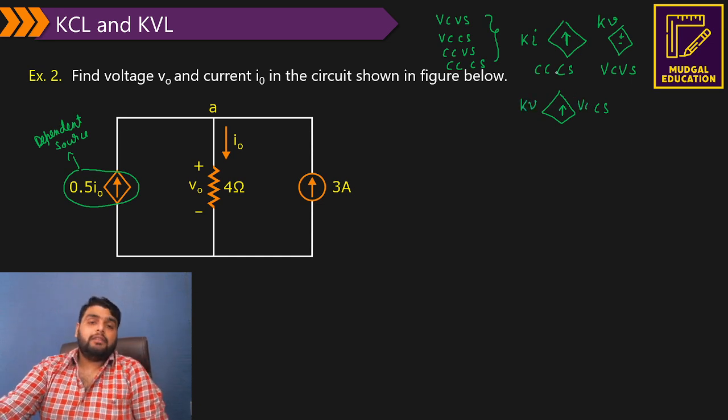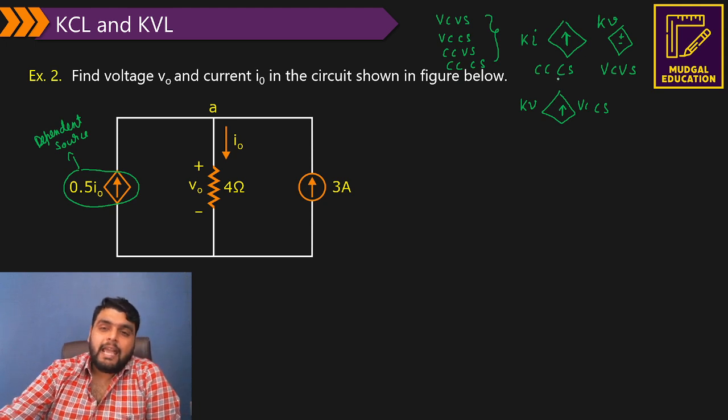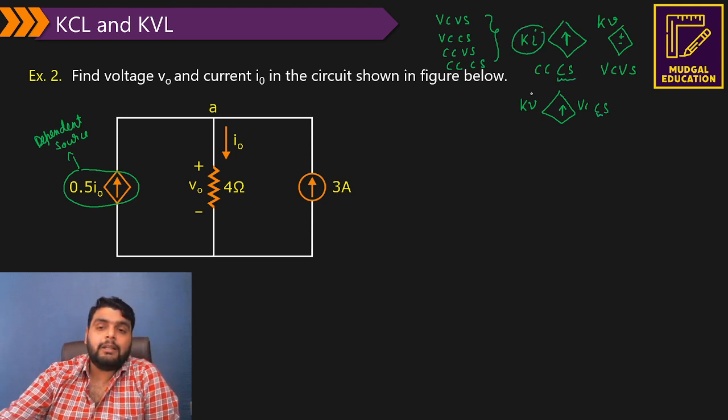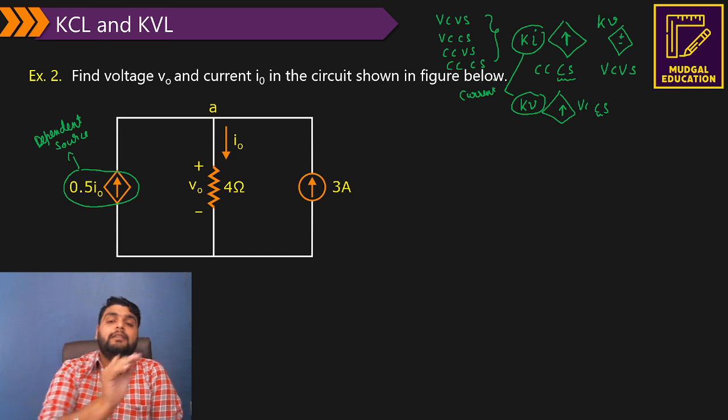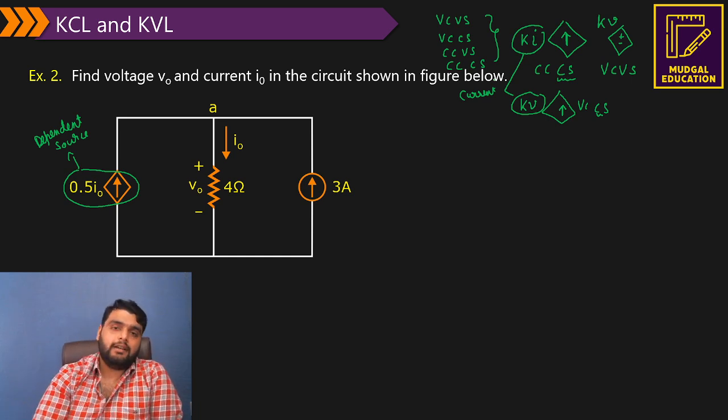Now understand the next point very carefully. If it is a current source, then whatever the dependency here, whether on current or on voltage, the magnitude represents a current, because it is a current source.